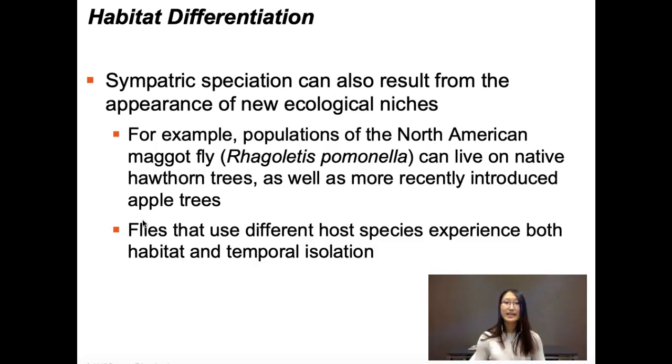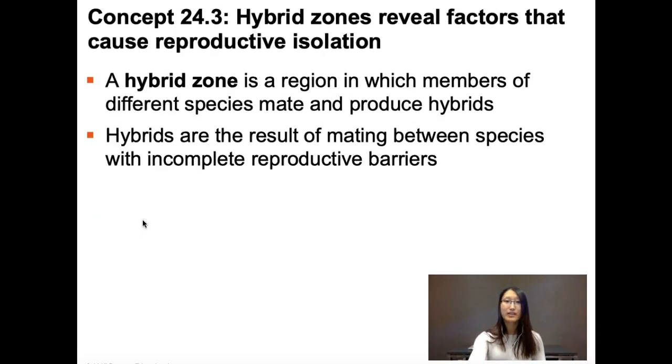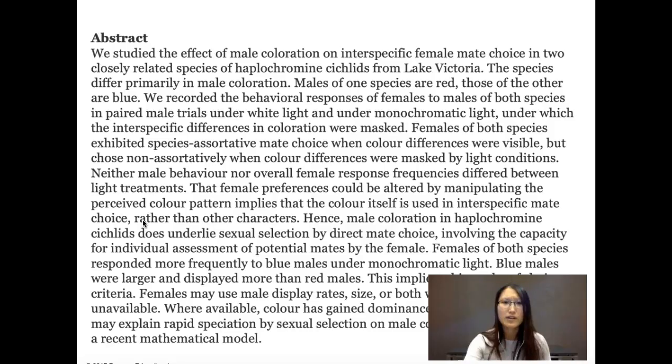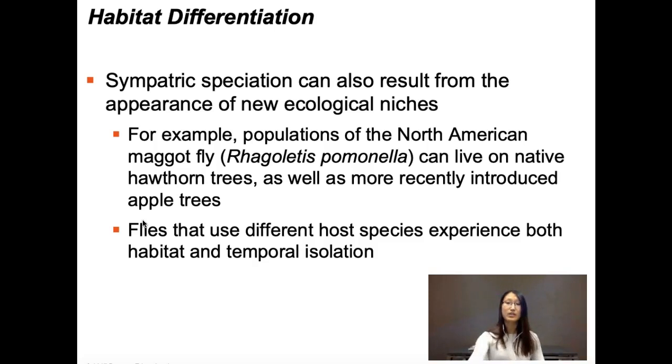The result is that they have habitat isolation because they're on different trees, and there's also temporal isolation, I suppose, because these two types of trees produce their fruits at different times of the year. Anyway, there's no picture of this one, but I hope this makes sense. There might have been a picture on your paper.